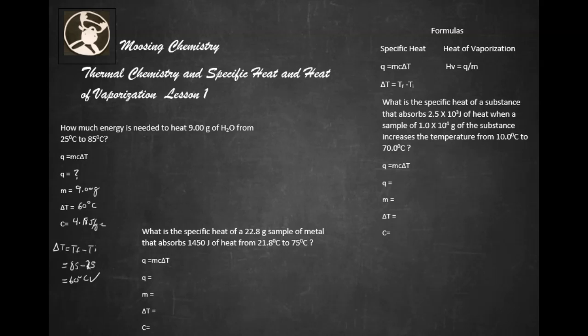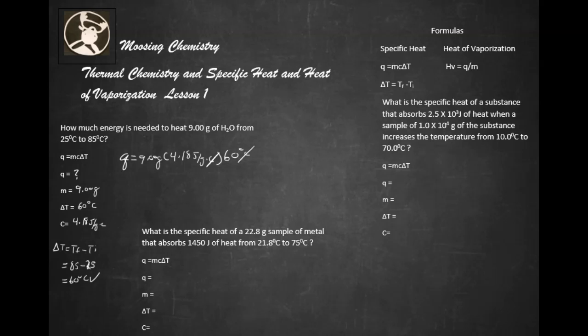Okay, great. So now we're just going to plug in our formula. Q equals 9.00 grams times 4.18 joules over grams times Celsius, times 60 degrees Celsius.